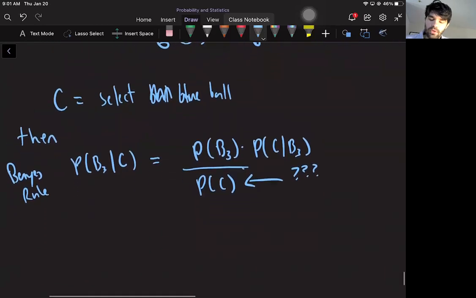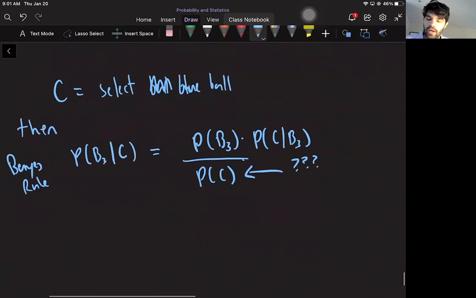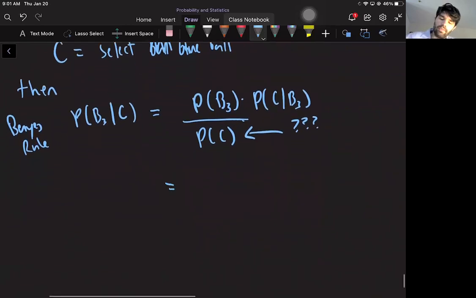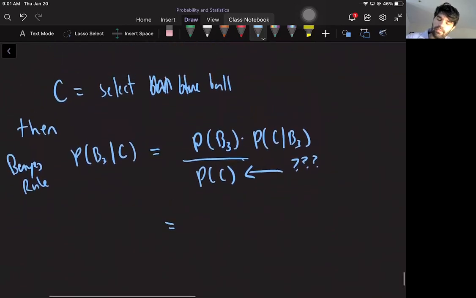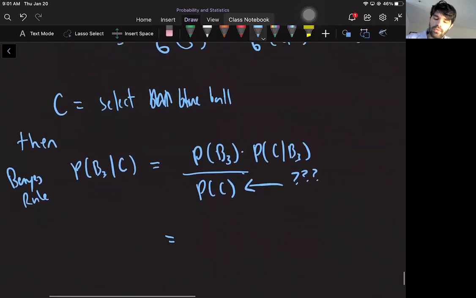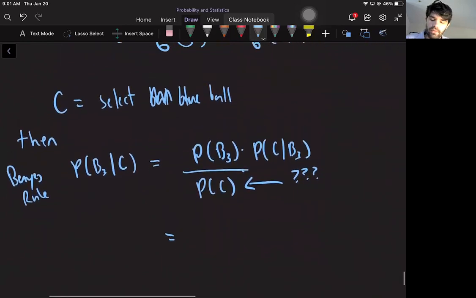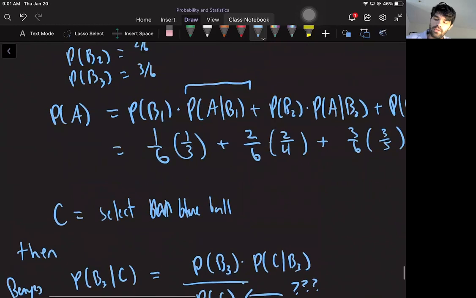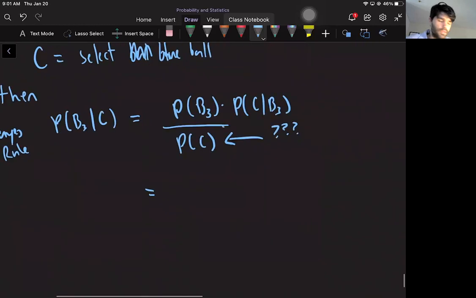So really Bayes' rule is just the law of total probability on the bottom here. If this was A instead of C, if it was selecting a white ball, then we would already have this bottom because it would just be this thing up here. But now we sort of have to do it again.